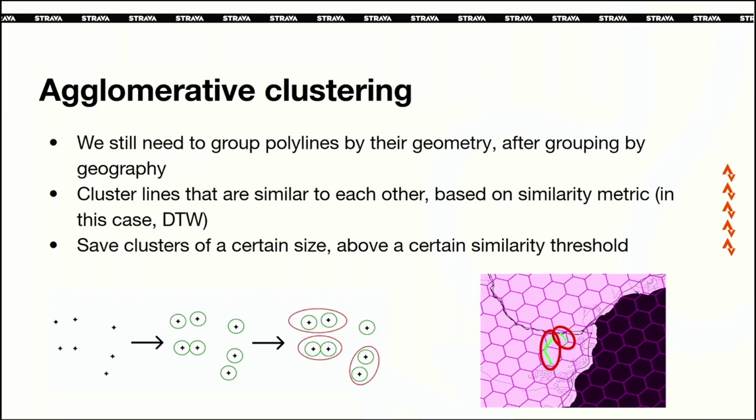In the previous step, they were grouped geographically by the H3 cell. In this step, they're actually grouped by their geometry as well. Agglomerative clustering is really a simple algorithm, basically taking a max similarity iteratively until reasonable clusters are formed.